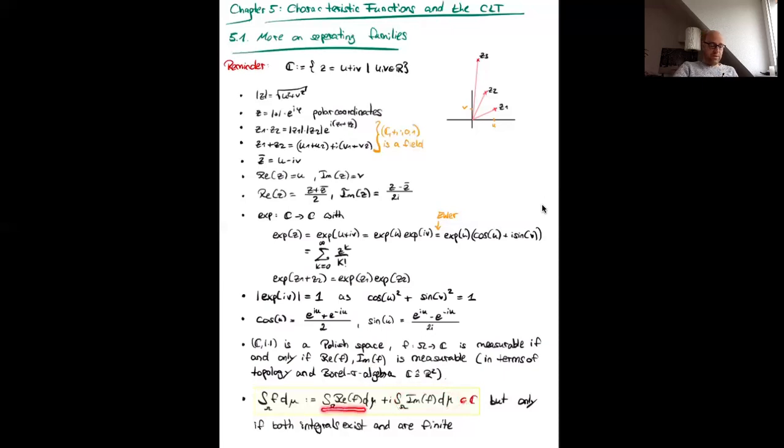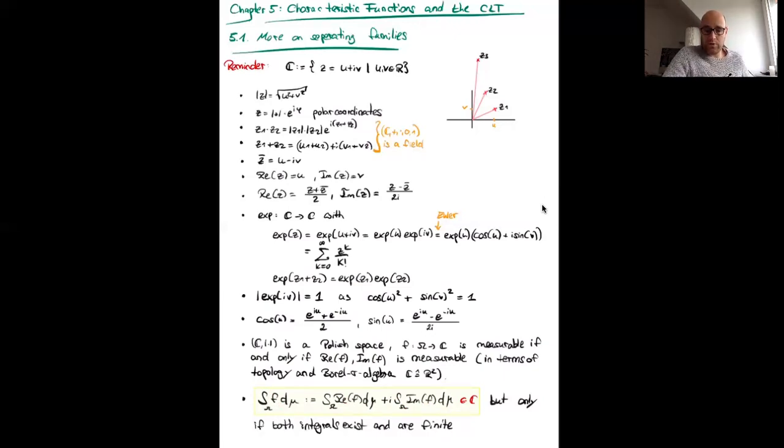So this is real valued, this is real valued, and since I put i in front, this is complex valued. So the integral of a complex valued function is complex valued. Of course we need to care about well-definedness and existence. When we say it exists, both of them exist. So that's about it, what we need for the complex numbers.